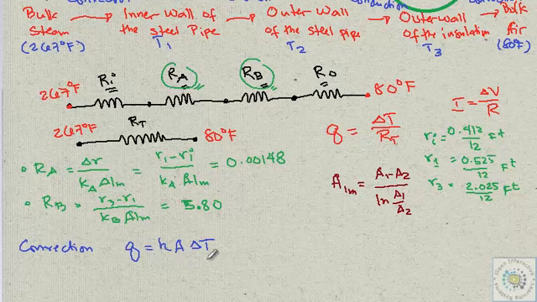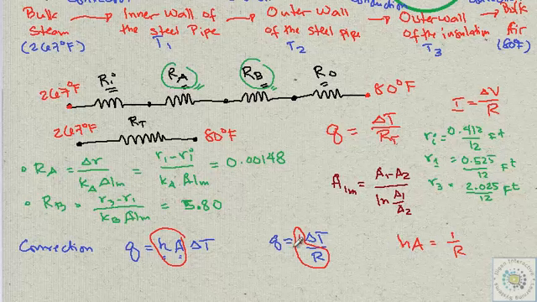And if you'd like to convert this format into our standard Q equals delta T over R, delta T looks the same, and this term is equivalent to this term. Which means hA could be thought of as equivalent to 1 over R, since Q and Q are the same here.